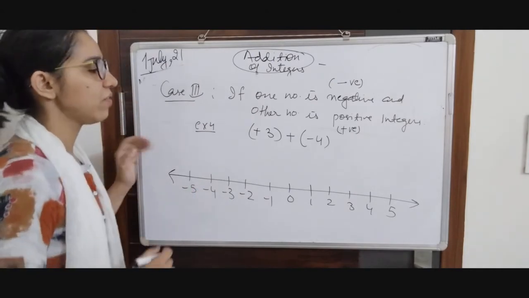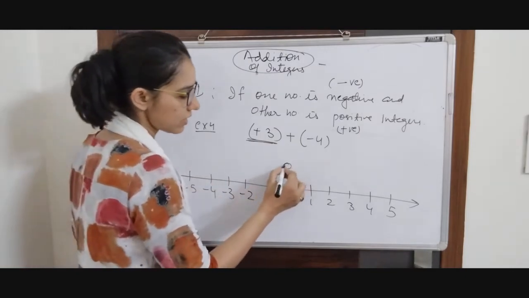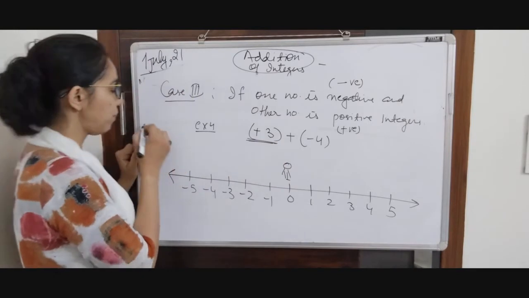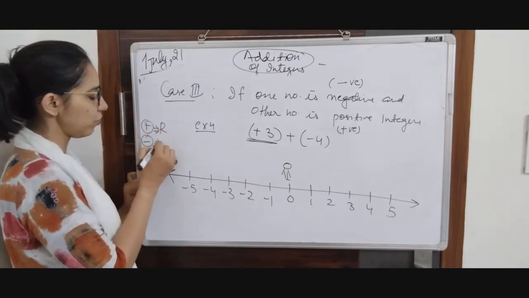I will take the first integer. The first integer is 3. I will start from here because the number is positive, and positive means right. Positive means right and negative means left.